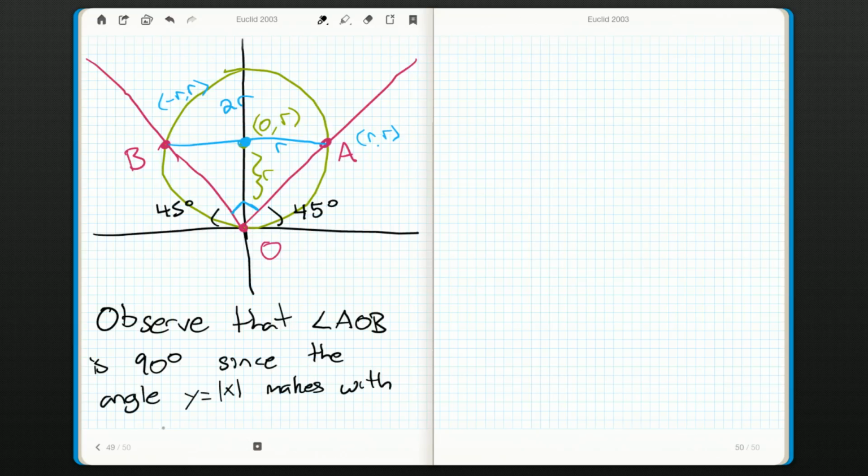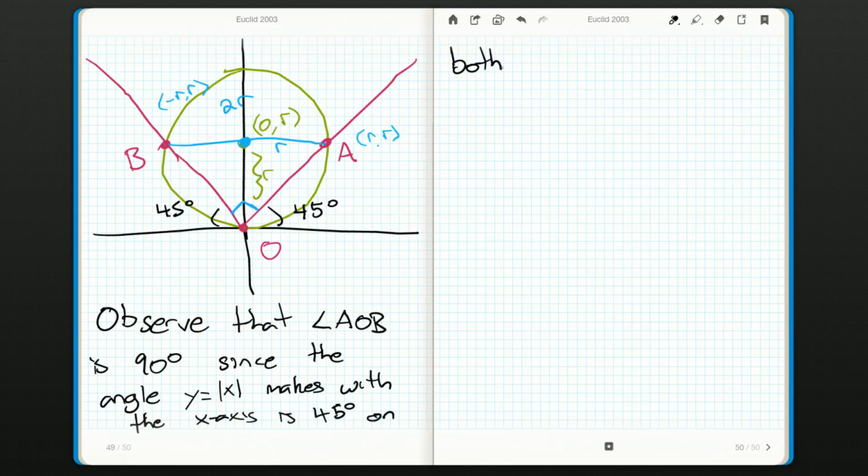So the angle that y equals the absolute value of x makes with the x-axis is 45 degrees on both sides. Okay, I would say that's a decent justification.